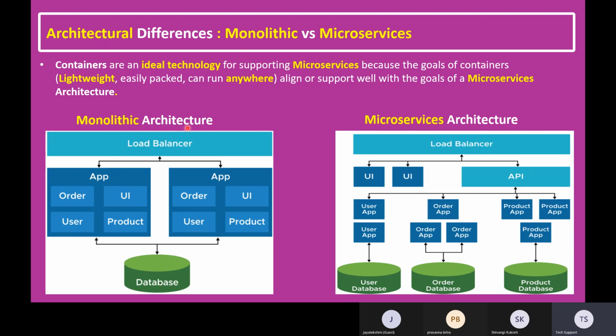This is a monolithic architecture. And within one server, you can run a maximum of one or two applications. If you want to run 10 applications, monolithic is definitely not supported. So for easy understanding, I took two applications in the monolithic architecture. Even this architecture requires a database to store application data. That is the monolithic architecture.